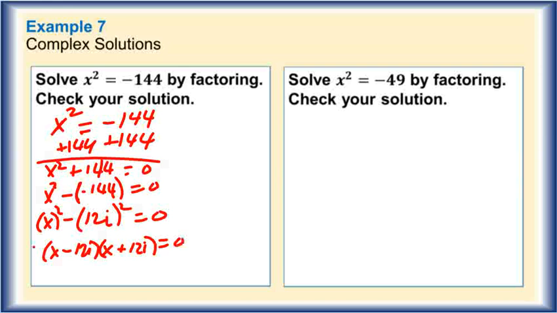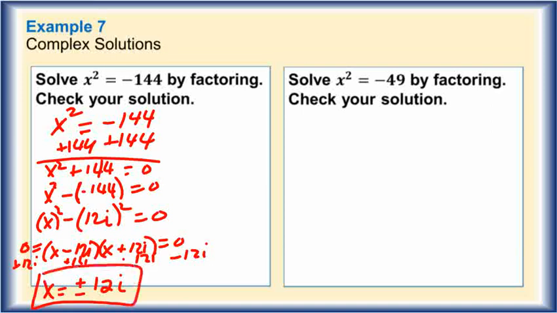Make them equal to 0. I would add 12i, so x would equal a positive and a negative 12i. Here I would just subtract 12i. That's how you get your positive and negative 12i.